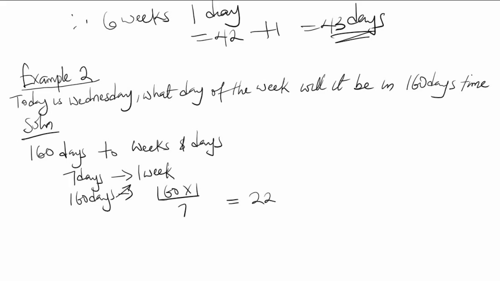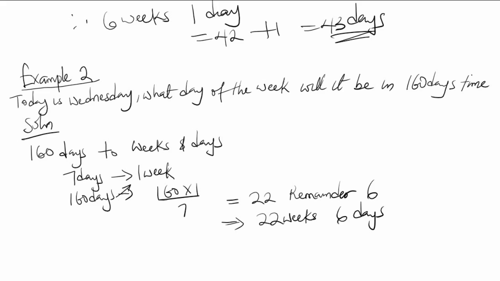Which will give you 22 with a remainder of 6, which translates to 22 weeks, 6 days. Hope you are following. All this means that in 160 days, there are 22 weeks and 6 days.